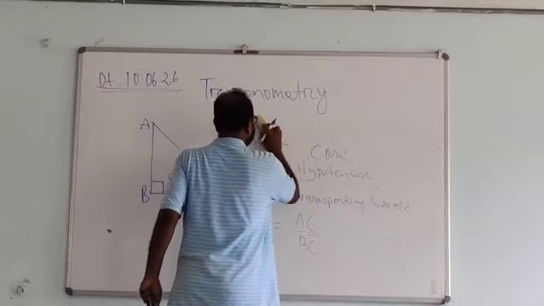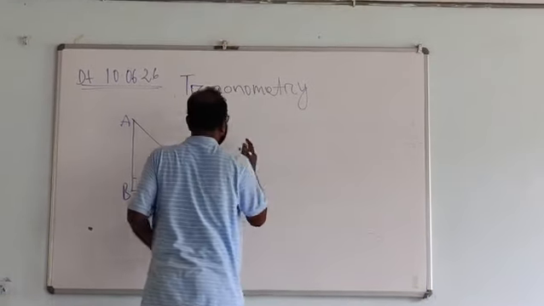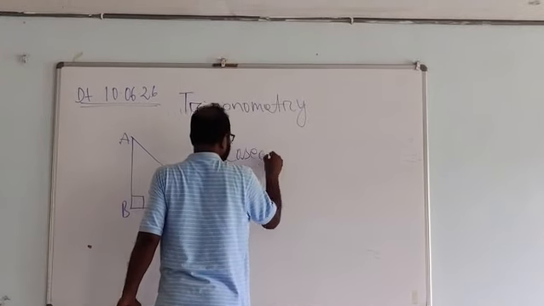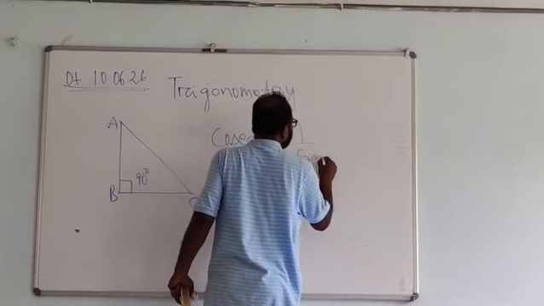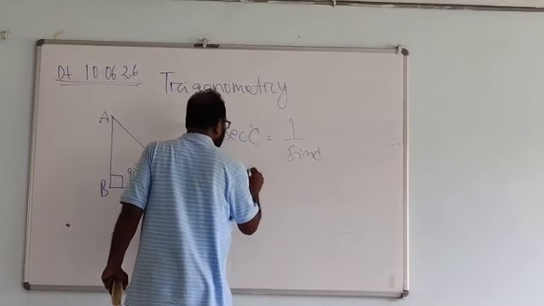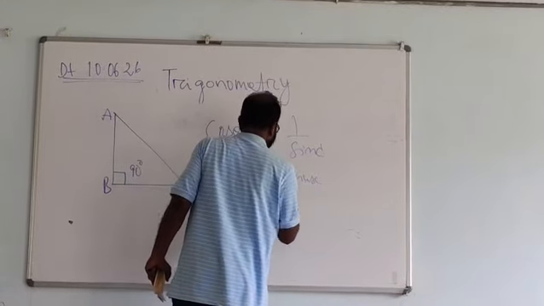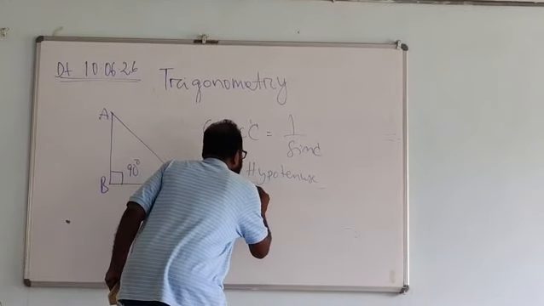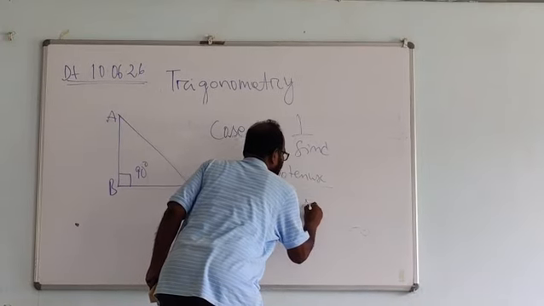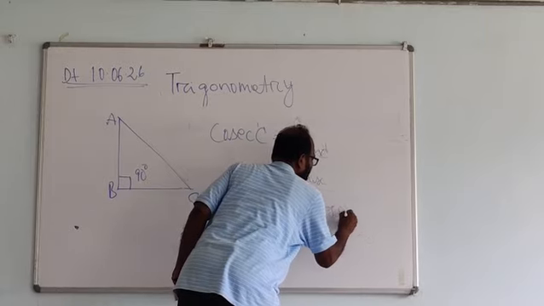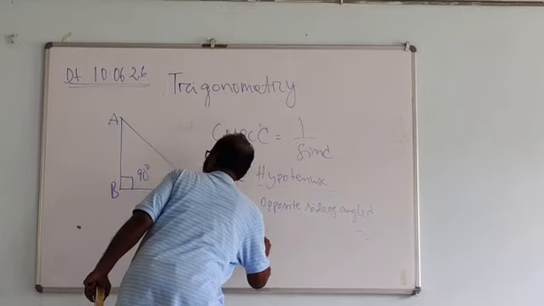Then cosec C. Cosec C is equal to 1 by sin C, that is equal to hypotenuse by the opposite side of angle C, so that is equal to AC by AB.